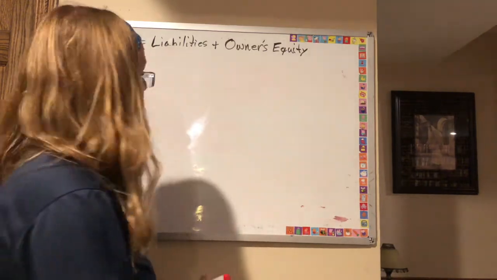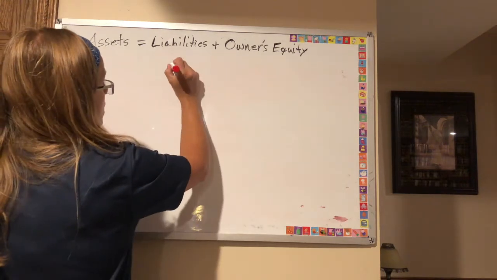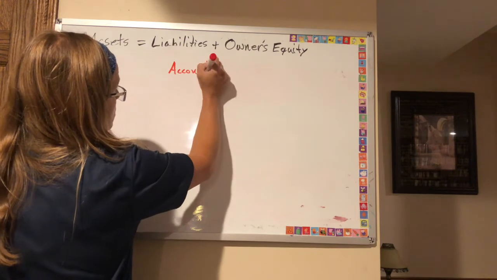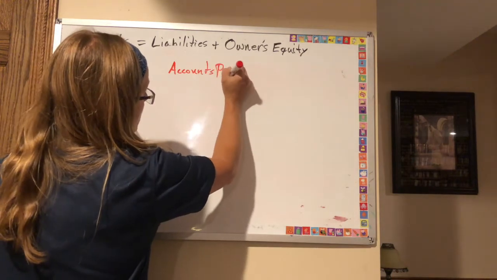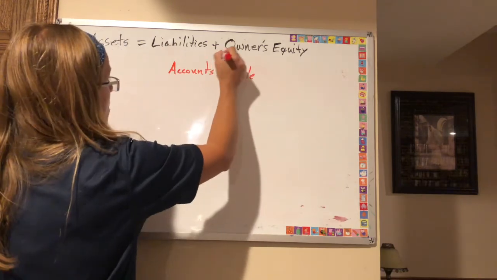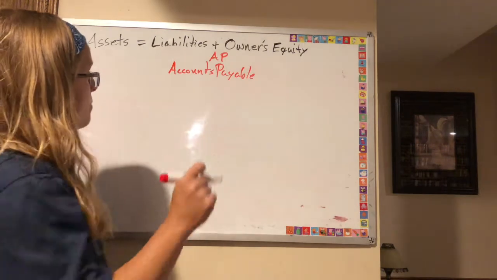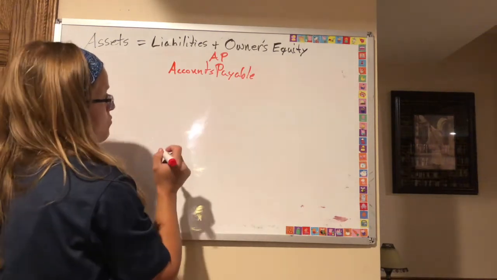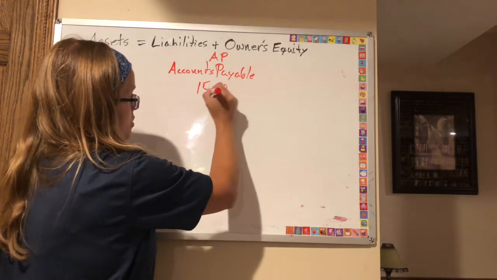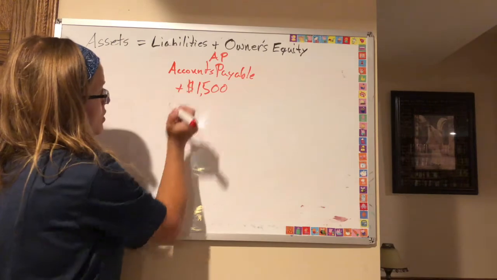So we have our accounts payable, which I will abbreviate to AP from now on. She owes $1,500, and this is an increase in accounts payable.